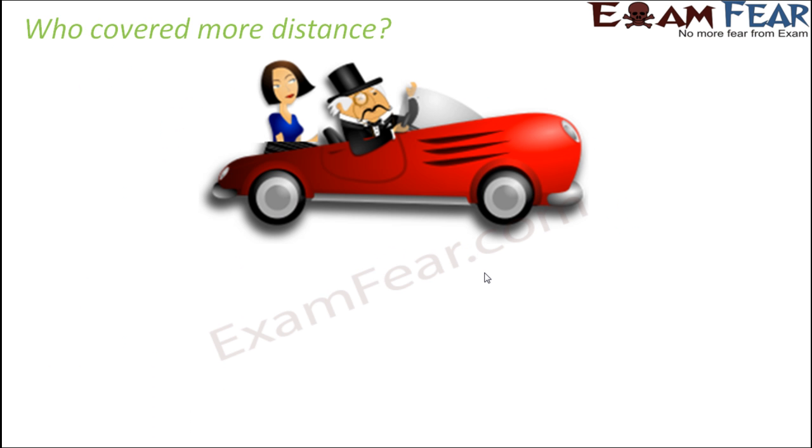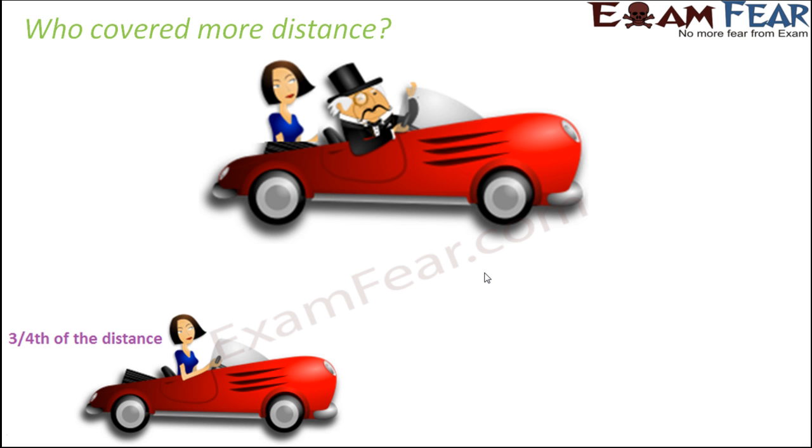So let's look at one more example. Here we see that Mr. and Mrs. Smith are going on a long drive, and for some time Mr. Smith drove the car, and for some of the time Mrs. Smith drove the car. It was found that Mrs. Smith drove the car for 3/4 of the distance.